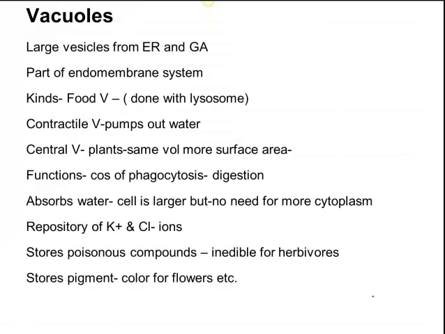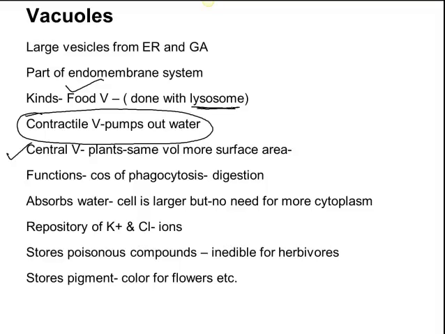Now, you also have another kind of vacuole called the contractile vacuole. We talked about the central vacuole and how it is helpful, and the food vacuole and how it can, in conjunction with a lysosome, help digest.